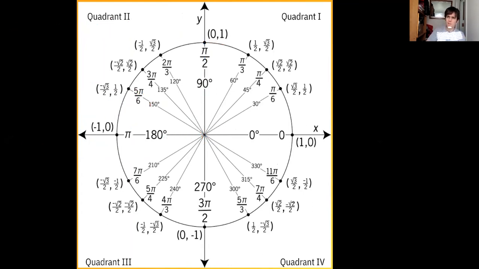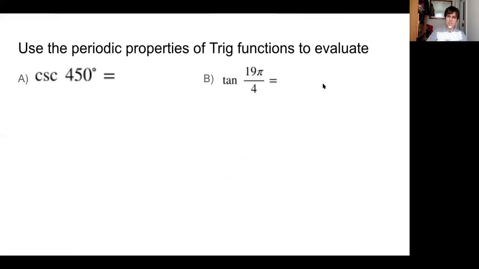All right, so let's now talk about tangent. Tangent has a slightly different period. We could use 2 pi as well, but it's going to be a little bit easier to use pi, or 180 degrees, as our period for tangent. So, 19 pi over 4, we're dealing with radians, so we're going to talk about a period of pi. 19 pi over 4 is really the same thing as 4 and 3/4 pi.